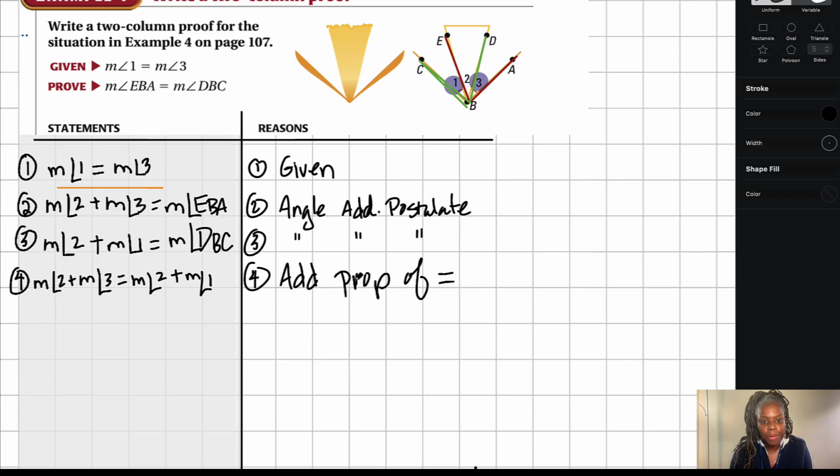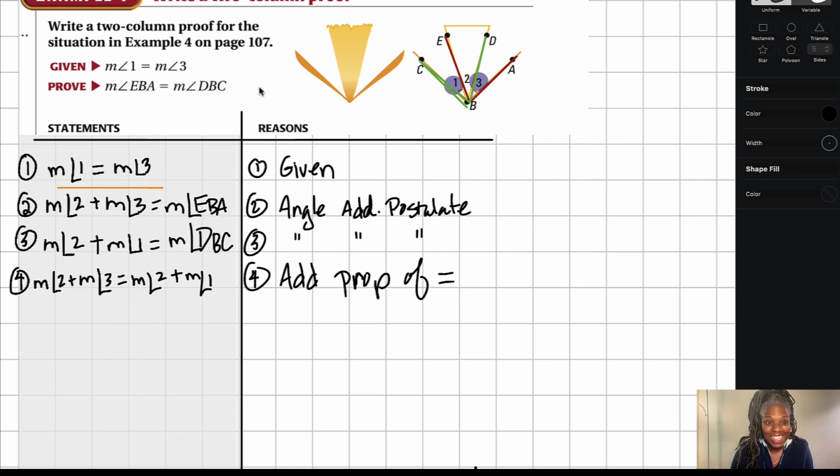So that addition property of equality stated, if you guys remember, if A is equal to B, then A plus C has to equal B plus C. Meaning, if I start off with two things that are equal and I add the same thing to both sides, that equality is maintained.